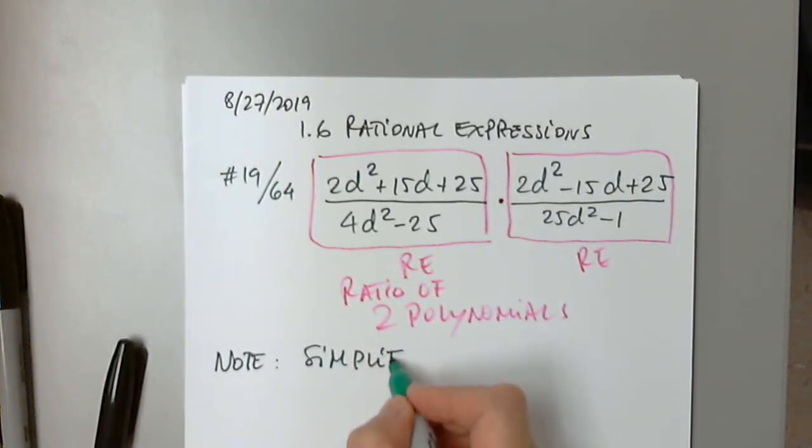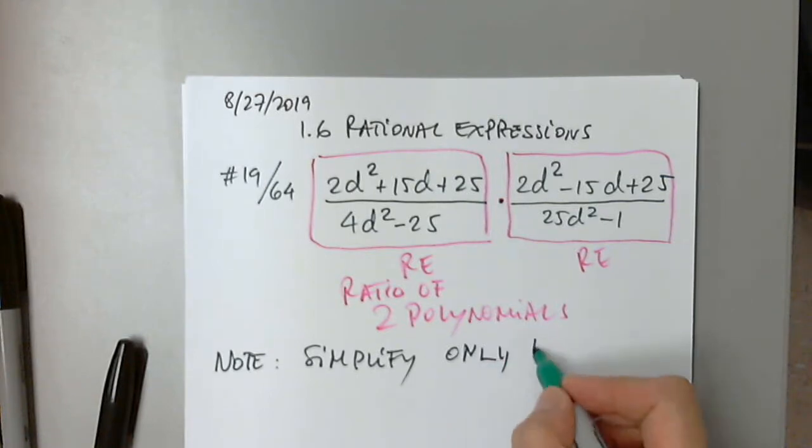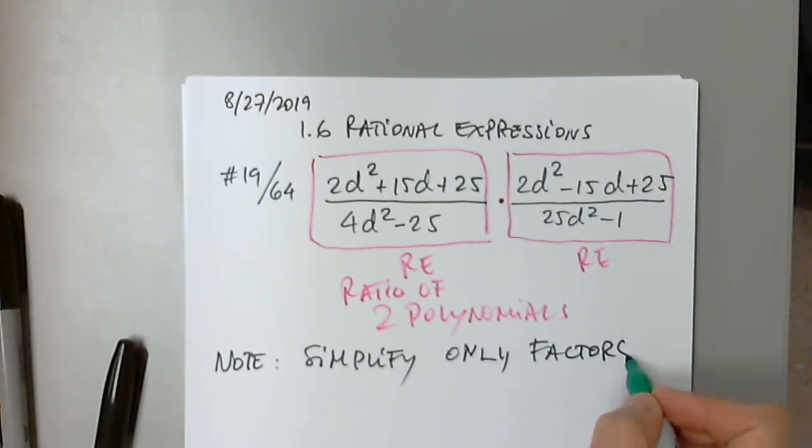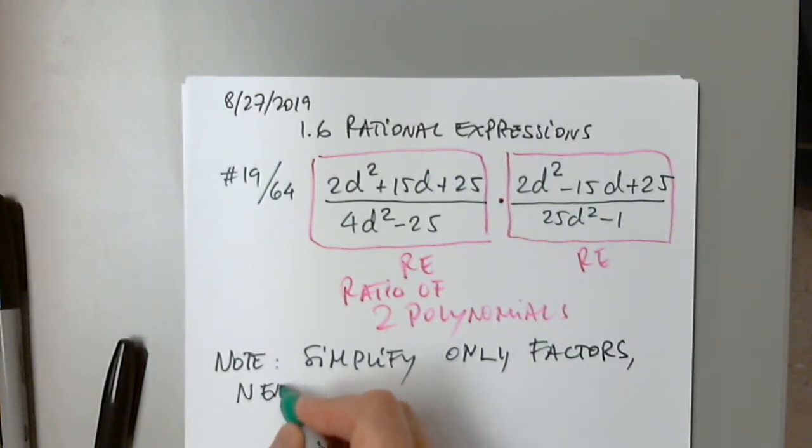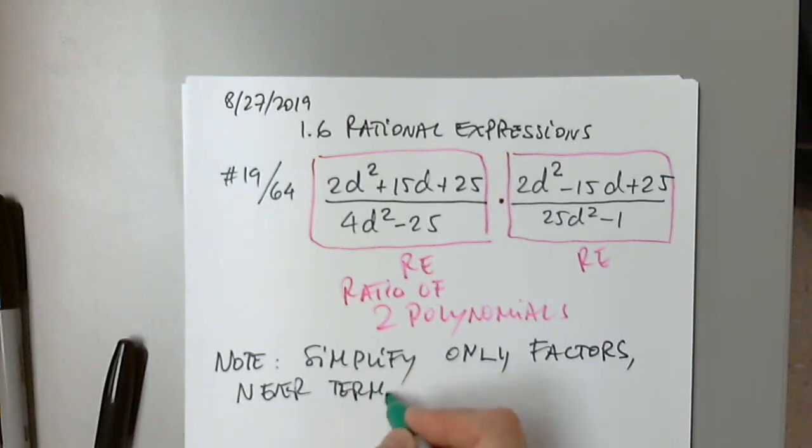Simplify only factors, never terms. And in case you forgot what that means, A times B, because they are multiplied, these are factors.